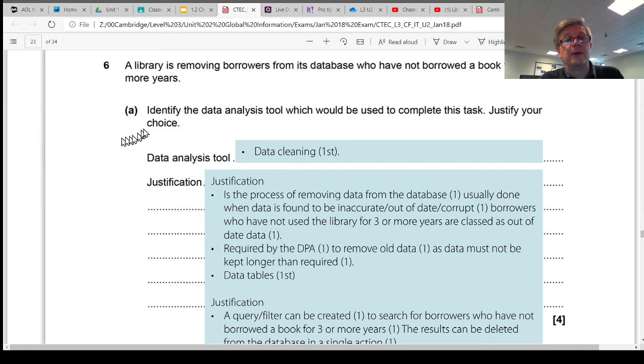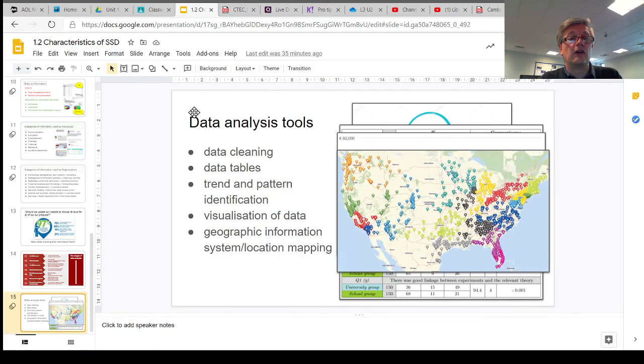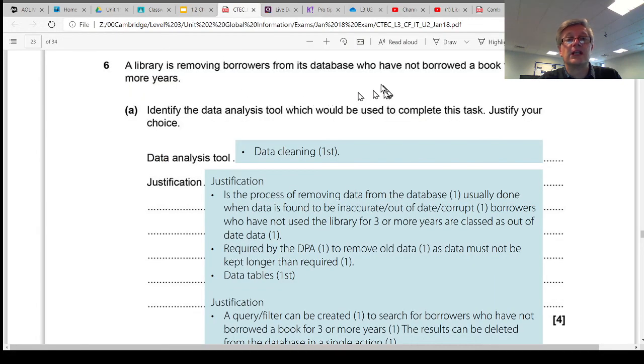And the question is simply, what data analysis tool could be used or would be used to complete this task? And you just have to come up with one, and then you have to justify your choice. So if we look at the list of tools that we had on here, this data cleaning tool is obviously the most useful tool that is available to us at this particular time for this particular database.